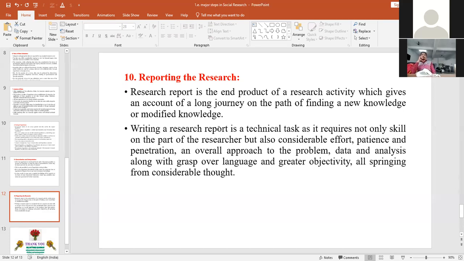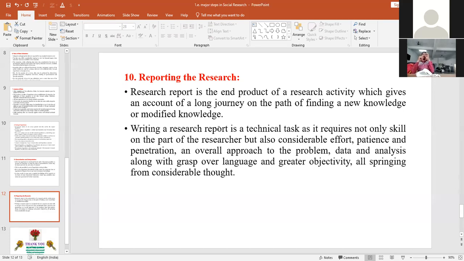These are the steps in the data collection and report writing. So my dear students, these are the major steps which are used in the social science research. First of all, we have to keep in mind the first step of the research is identifying the research question or identifying the research problem.